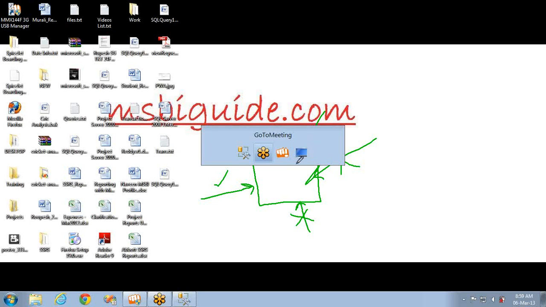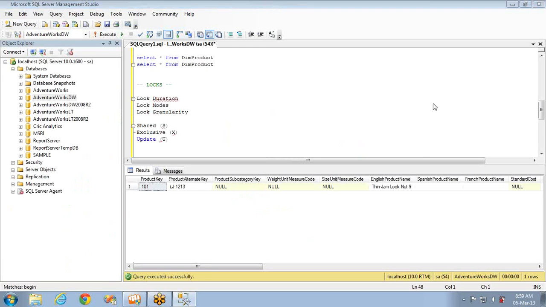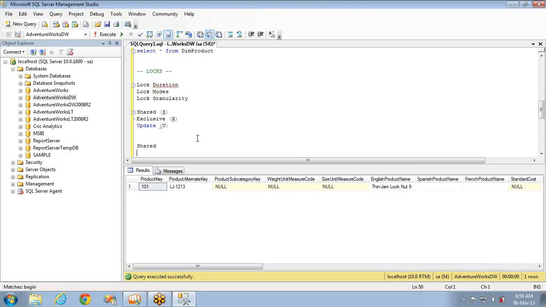So now let's see the compatibility. We need to know how each log is compatible with the other one. Let's say the shared one, the next one is update, and the third one is exclusive.